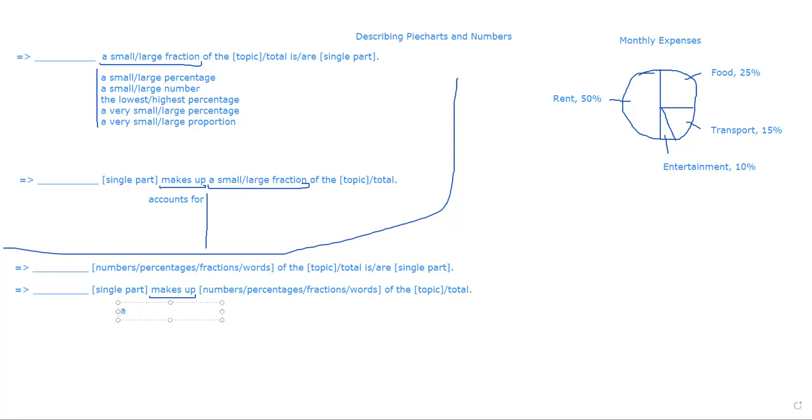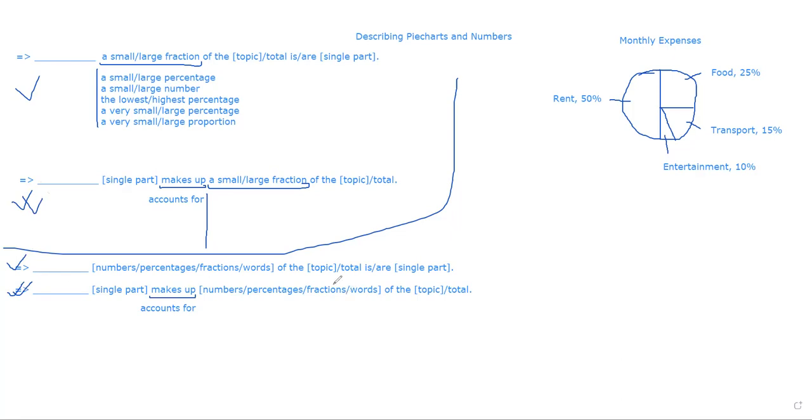We can also use accounts for instead of makes up. So the basic structures are the same. This one is similar to this one, and this one is similar to this one.